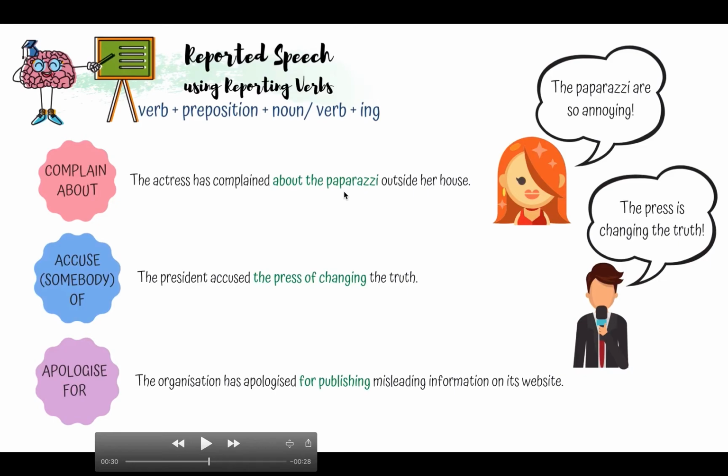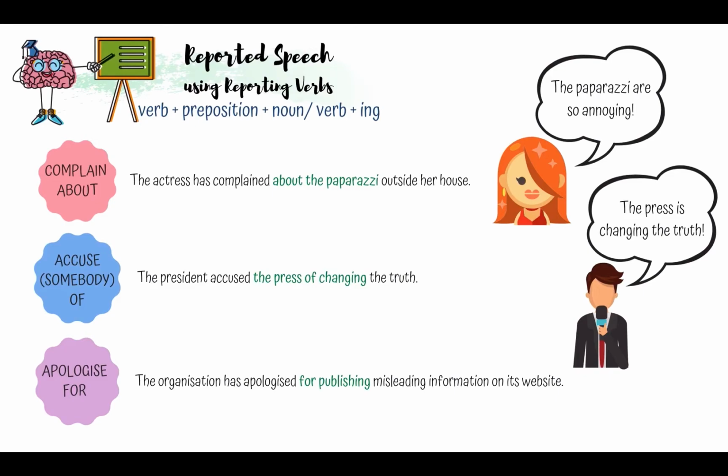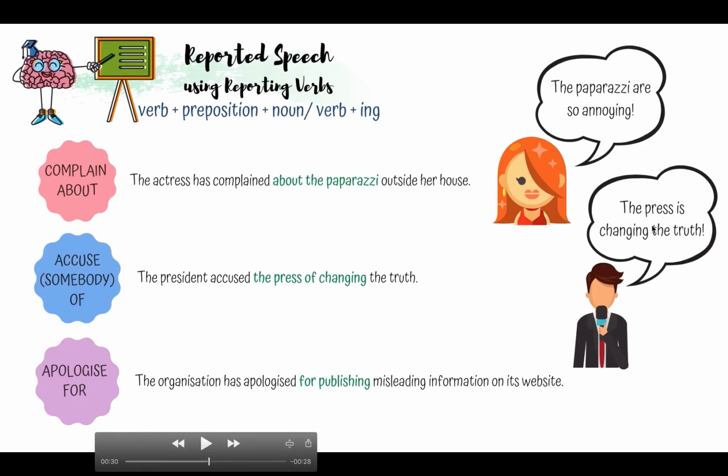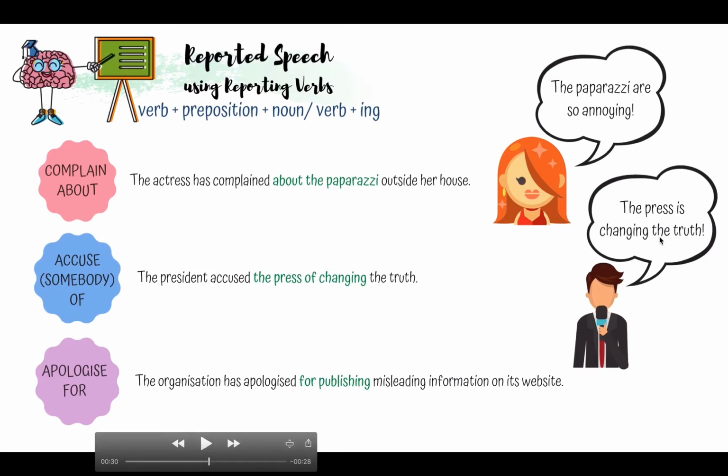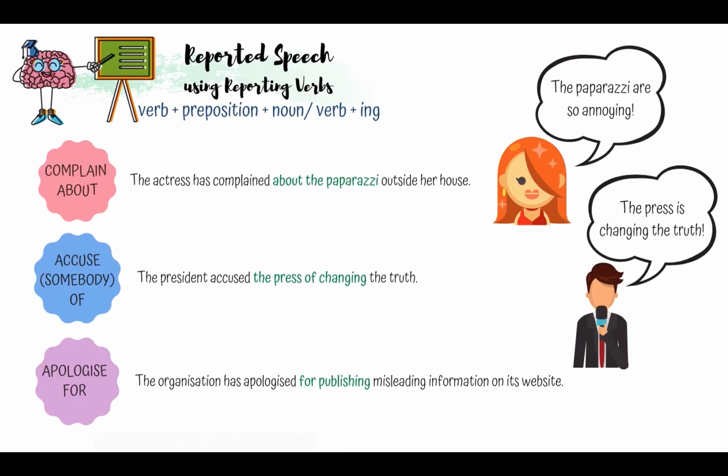Okay? So here we have the president, and his speech bubble, his direct speech, is the press is changing the truth. So now we have to again have a look at the function of this speech.